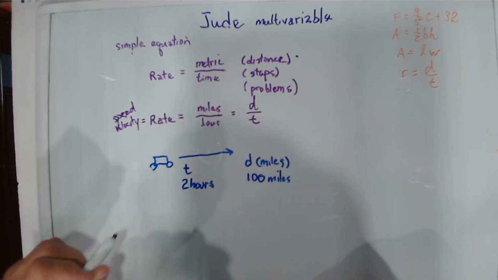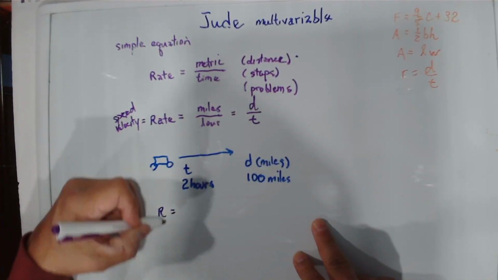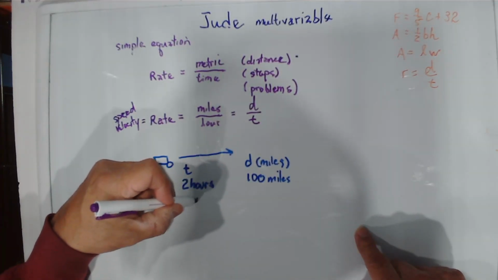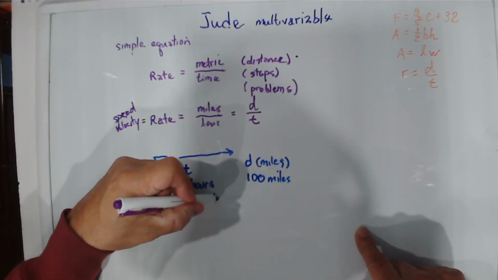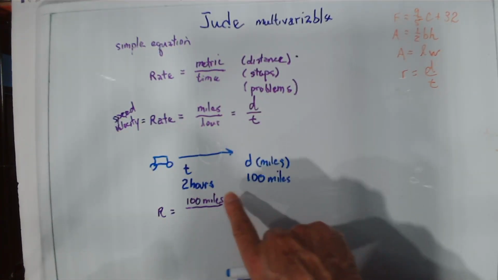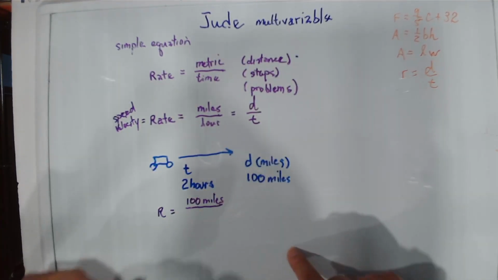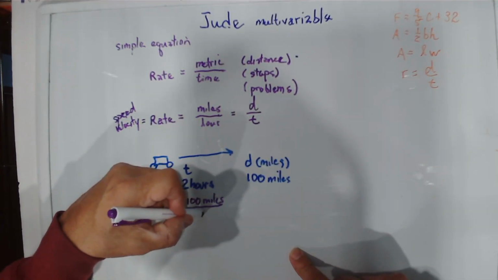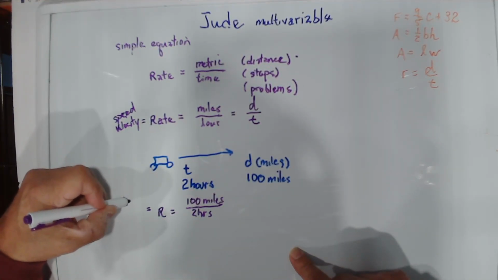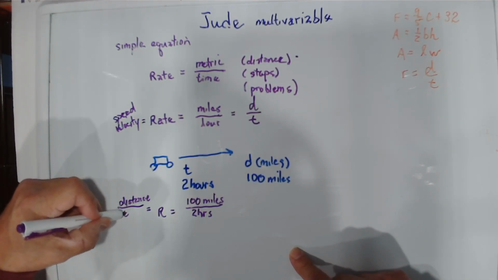We have our rate, R, is equal to the distance, which is 100 miles, divided by the time, which is our time metric right there, 2 hours. And you can see that's true because this is going to be distance over time.